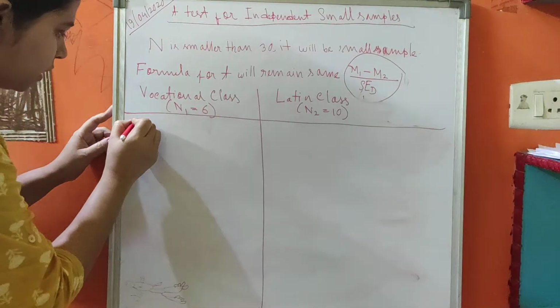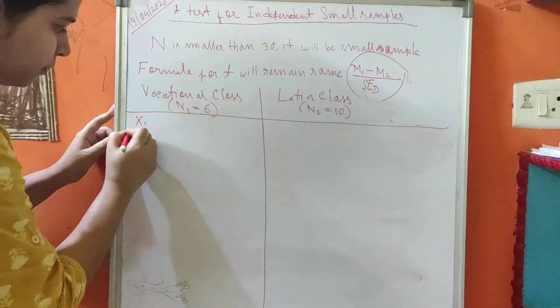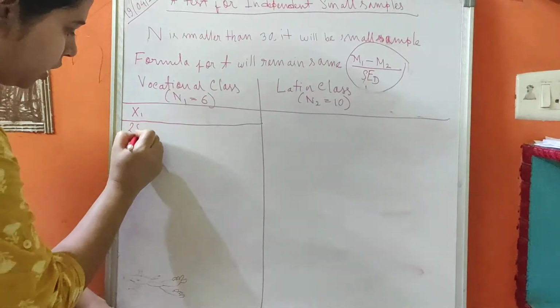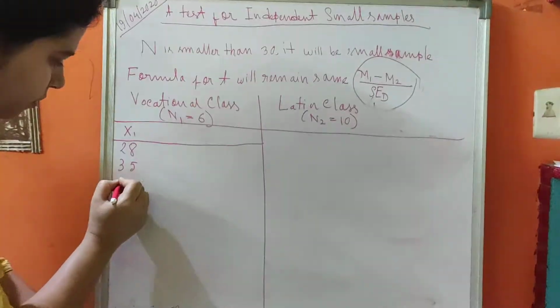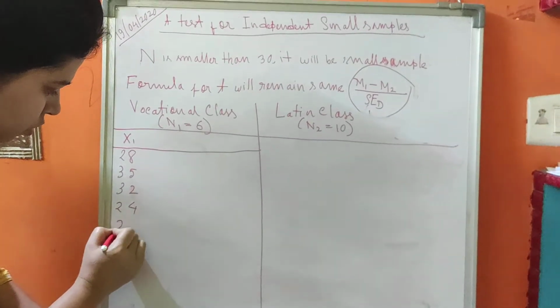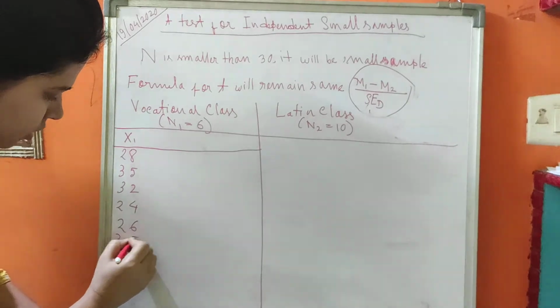Now the scores are given, which is the capital X: 28, 35, 32, 24, 26 and 35.